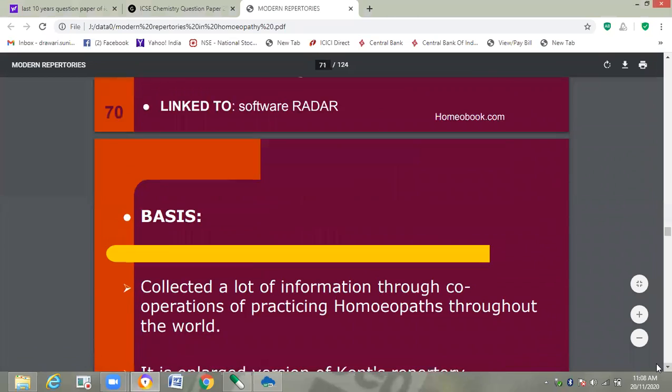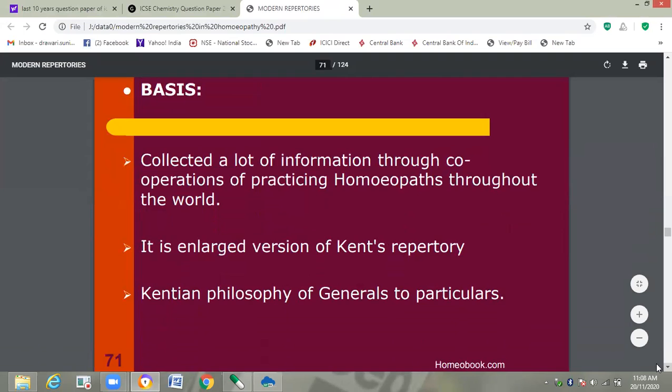In this repertory, all the rubrics as well as all the remedies from Kent repertory were collected, and he added new extra rubrics as well as new remedies. So this Synthesis Repertory contains all the rubrics as well as all the remedies of Kent repertory.